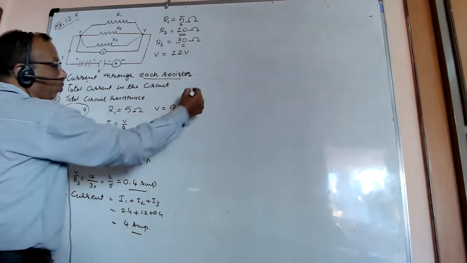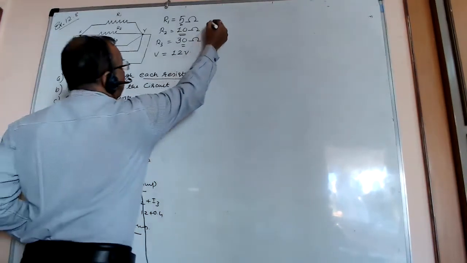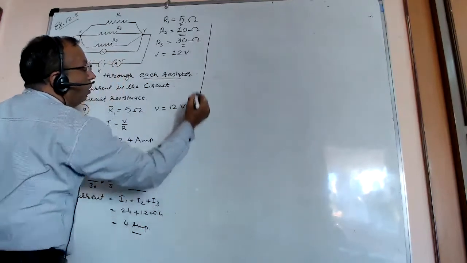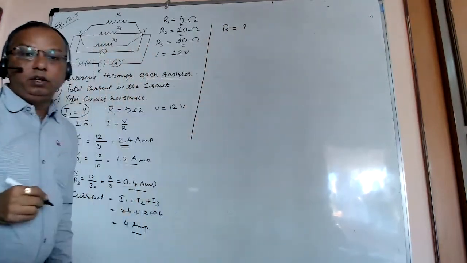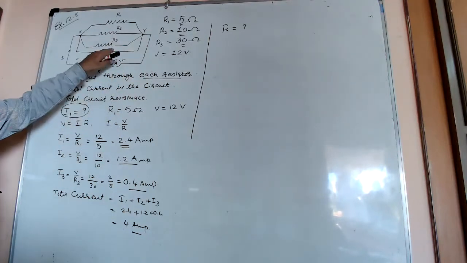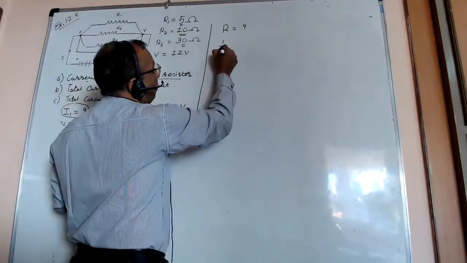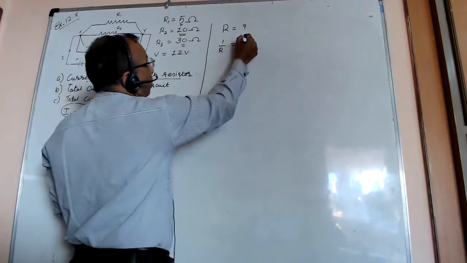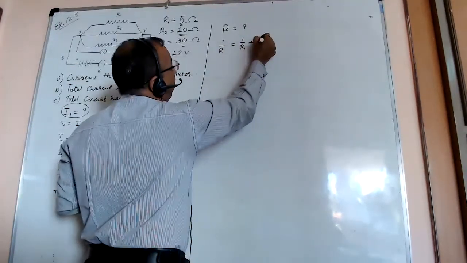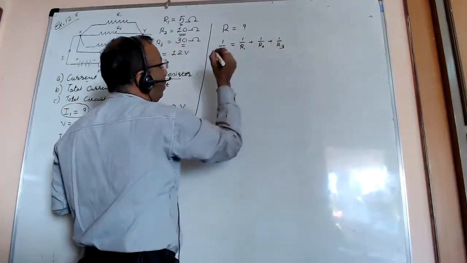Okay, and now the final one is the total circuit resistance. So when we have to find the total resistance R, this is a parallel connection. We have to apply the formula of parallel connection, that is 1 upon R is equal to 1 upon R1 plus 1 upon R2 plus 1 upon R3.